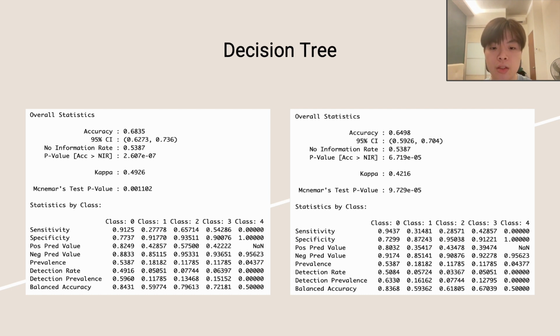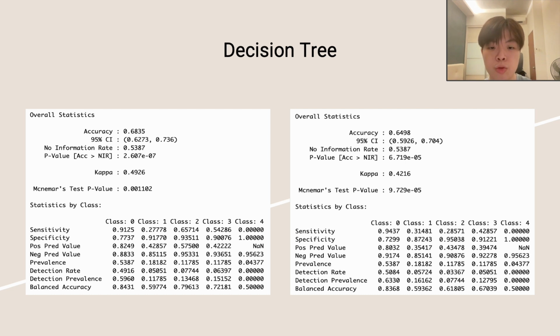The sensitivity, specificities, positive predictive values and negative predictive values, among other things, have generally improved for most classes in the second model. In particular, the sensitivity for class 2 saw a significant improvement, jumping from 0.2857 to 0.6571, which indicates the model's improved ability to correctly identify true positives for these classes.